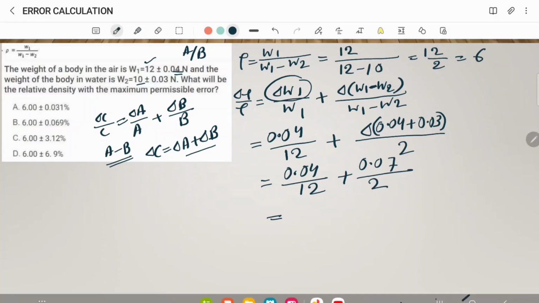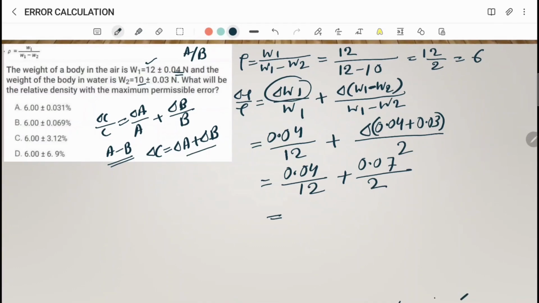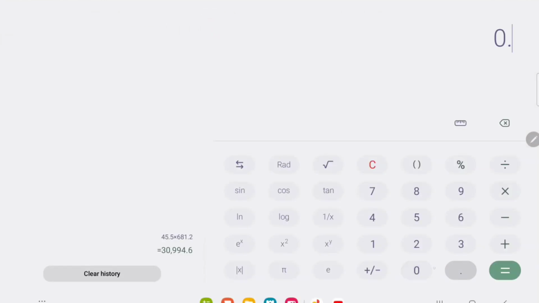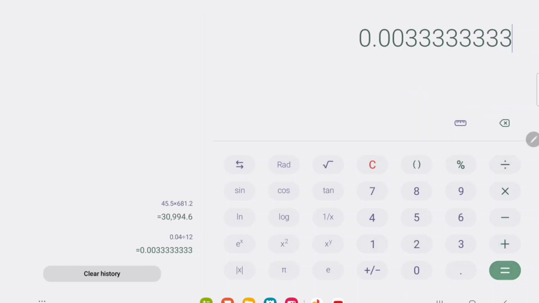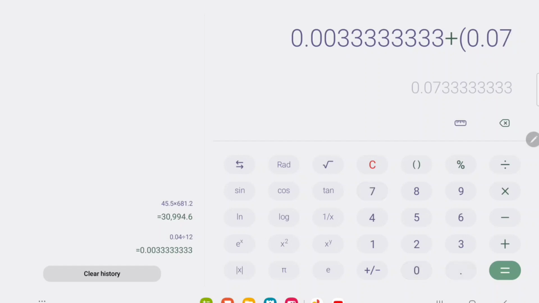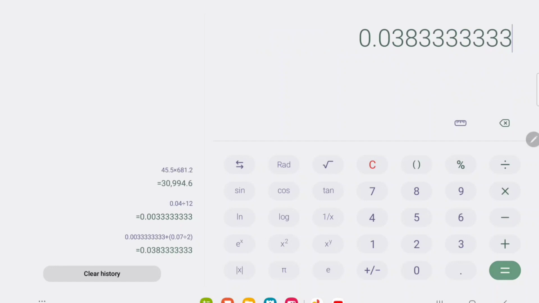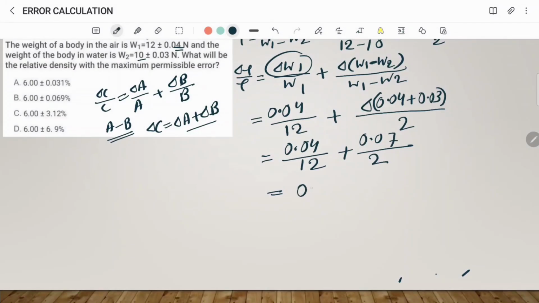Let us calculate this. 0.04 by 12 plus 0.07 by 2, which is 0.0383.